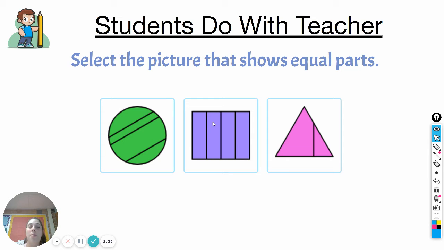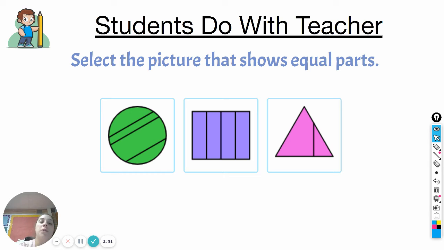And you can see that all the parts appear to be the same size. And then we'll look at this third shape, this pink triangle, and you can see that it's not split exactly down the middle, even though it's in two pieces, or halves is what that would be if it were split down the middle. You can see this piece on the left is larger than the piece on the right.